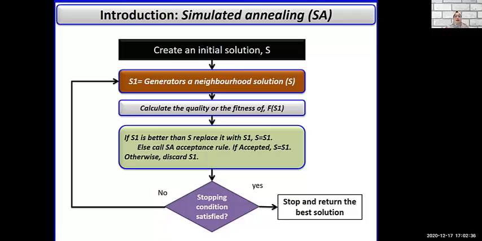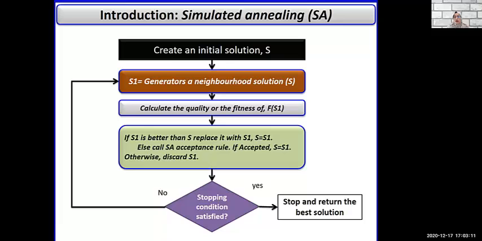Then we test. If the new solution is better than the current solution, then we replace it. Else, we test on the acceptance criteria or acceptance rule of simulated annealing. If it is accepted, or if it passed the acceptance criteria, then we update the solution with the new solution. Otherwise, we discard the solution. So this is where simulated annealing and hill climbing are different, only the acceptance criteria.